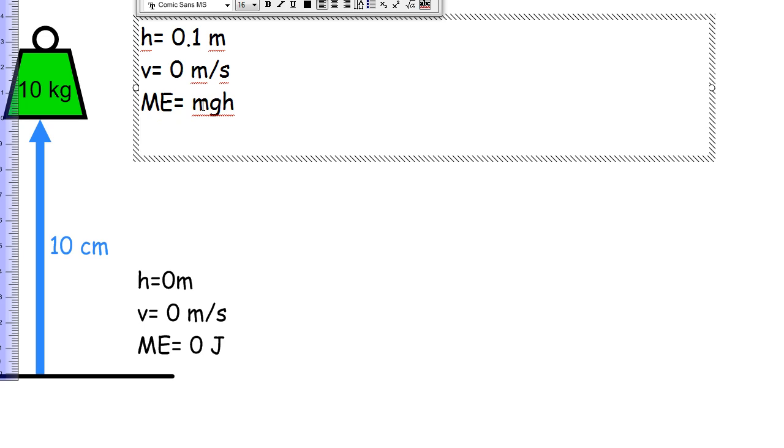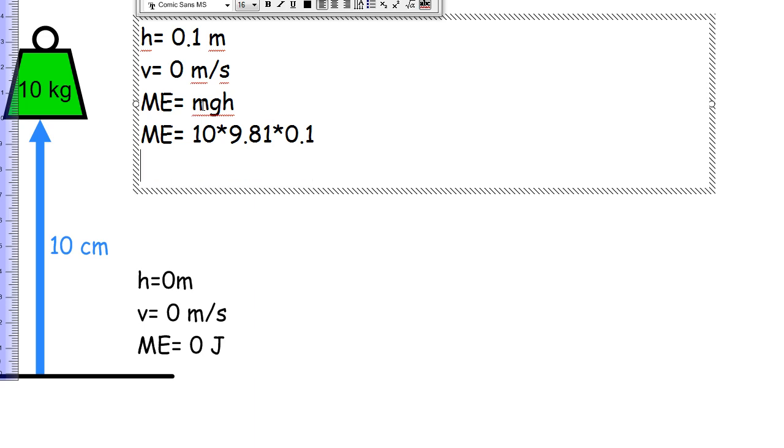And so if I go ahead and fill in the numbers, mechanical energy equals its mass, 10, times 9.81, times 0.1, which gives me a mechanical energy equal to 0.981 joules.